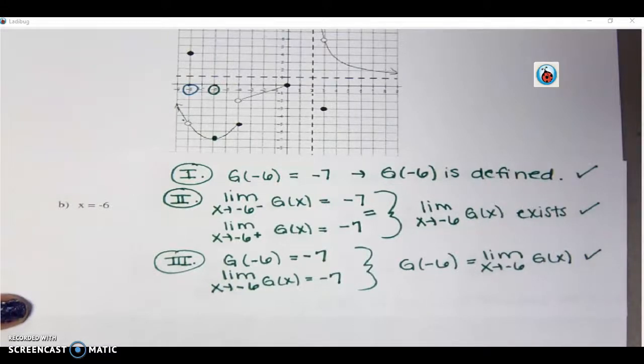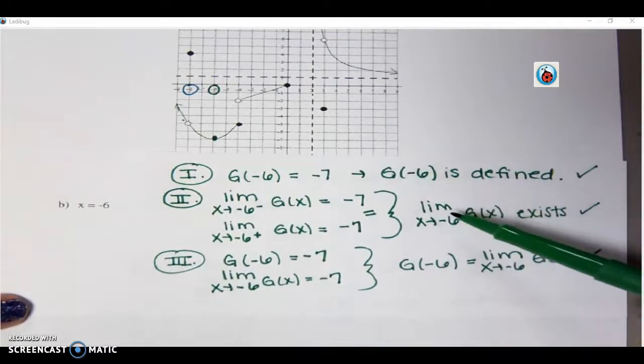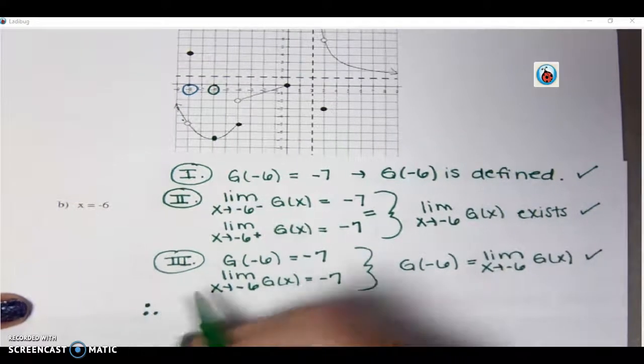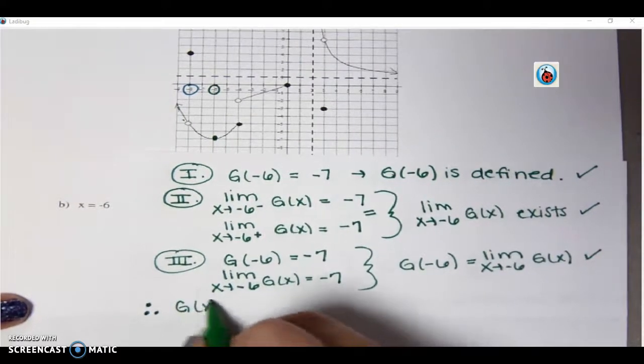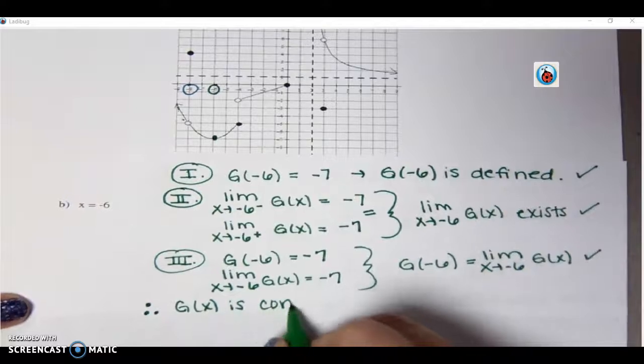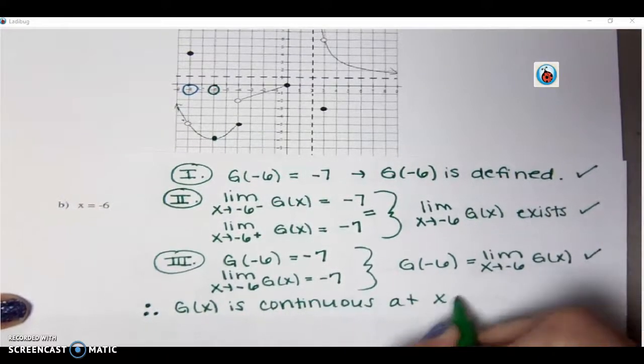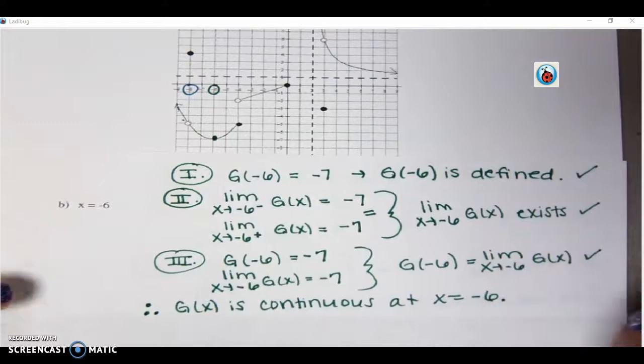So step 3 also works. Because all 3 parts of this work, it's defined, the limit exists, and those two things are equal, then we can say, therefore, g of x is continuous at x equals negative 6. Okay, so that's the 3-part definition, and it was continuous there, so all 3 parts passed.